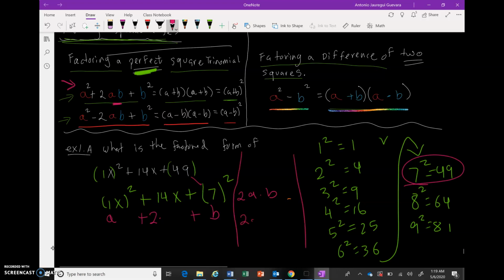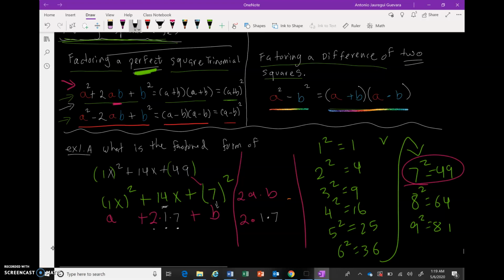What's my a over here? 1, times your b, which is 7. So 2 times 1 is 2, and 2 times 7 is 14. So it does satisfy the perfect square trinomial format.